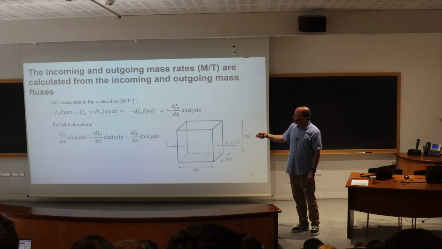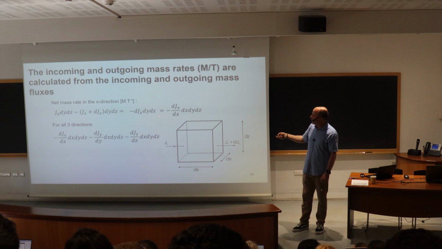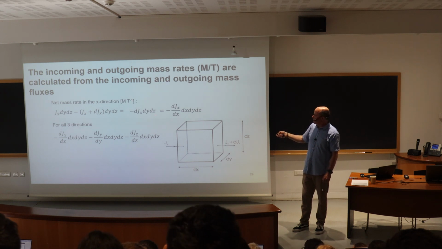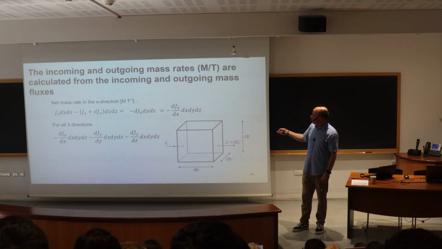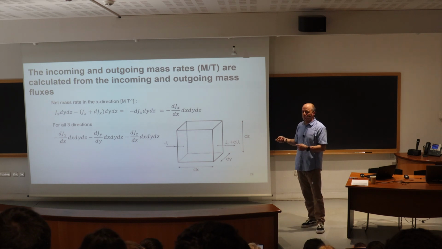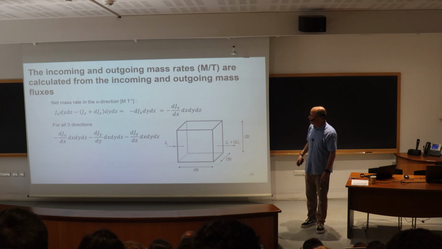So the two J sub x times area terms cancel out. We're left with this variation of the mass flux times the area. We multiply by delta x and divide by delta x, so this gives us the volume. So we have an expression here for the variation in the mass flux, basically the mass rate in minus the mass rate out along the x direction. We do that for all three directions.